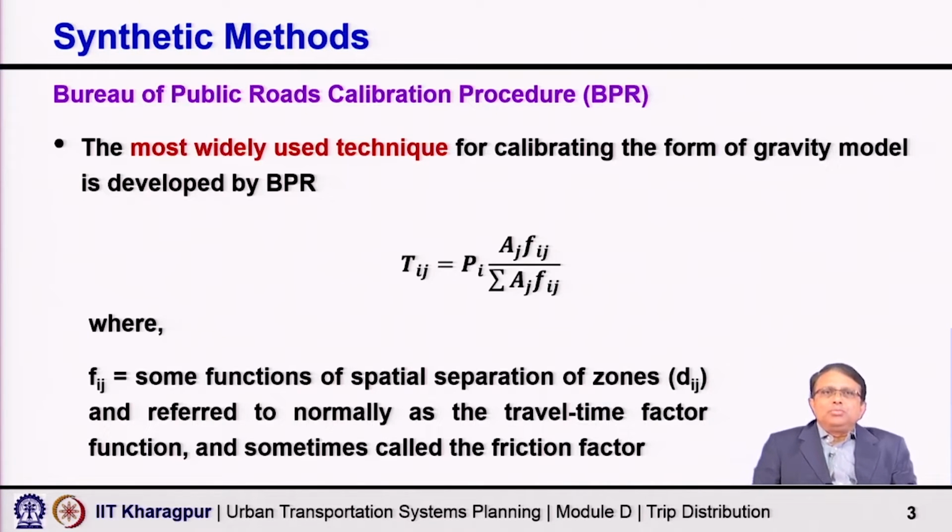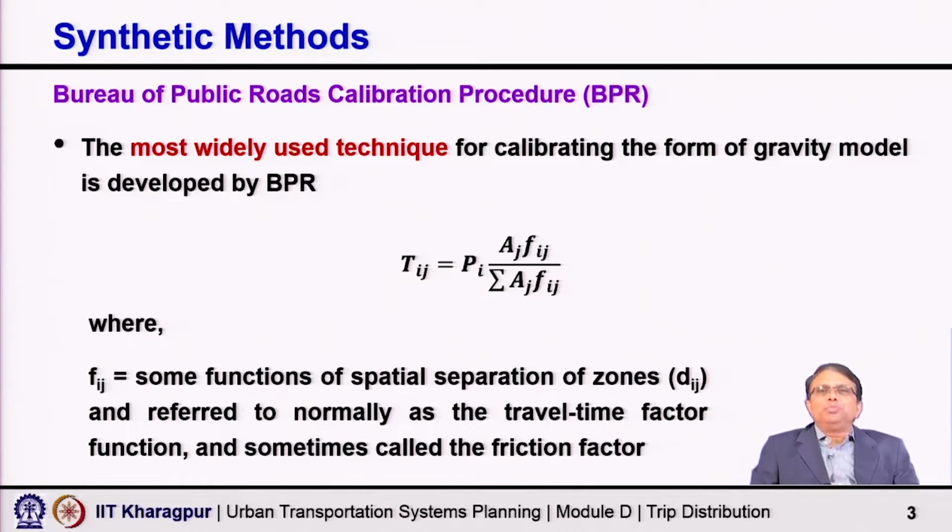This BPR calibration procedure is the most widely used technique for calibrating the gravity model, and what we are essentially doing is again using a singly constrained gravity model inside. You can see this equation, you are quite familiar with it by this time.